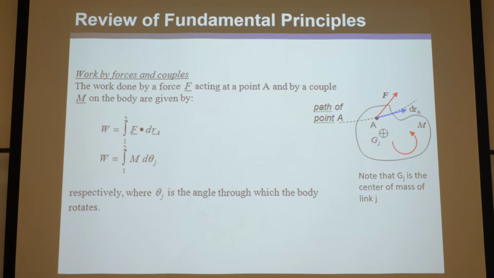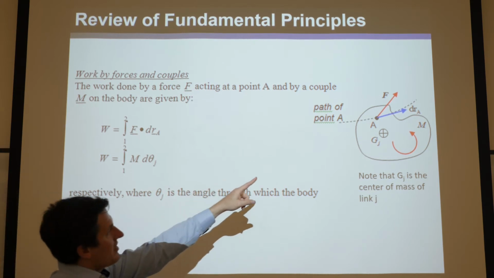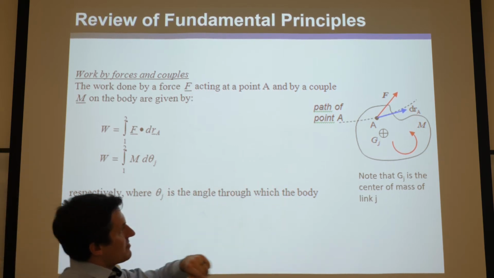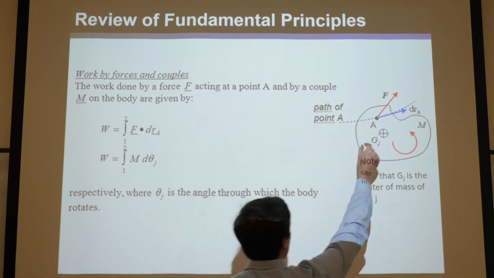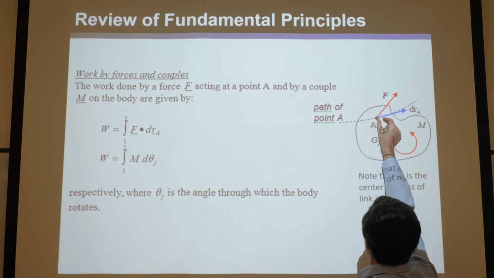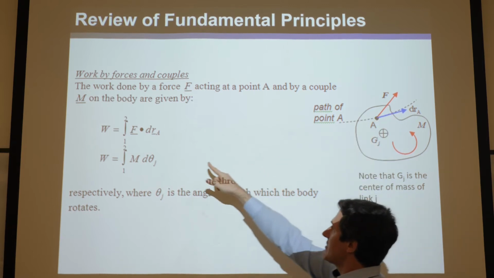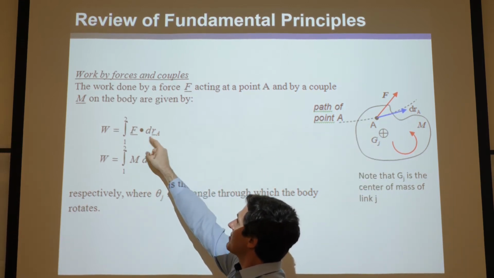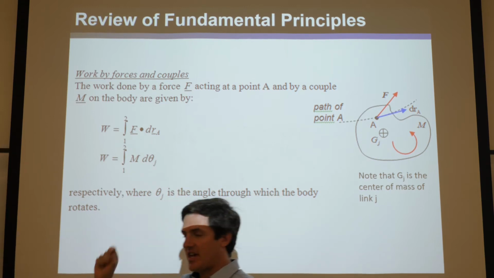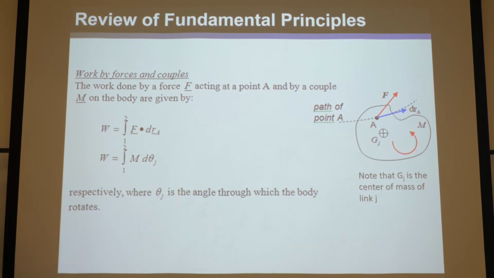So let's say we're applying this force at point A, and it's moving along this path where each little increment is a dr vector of the point A, like this dr vector with an underscore A. That's an infinitesimally small vector that basically just captures the direction that's tangent to the path.